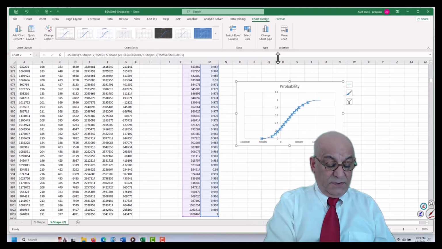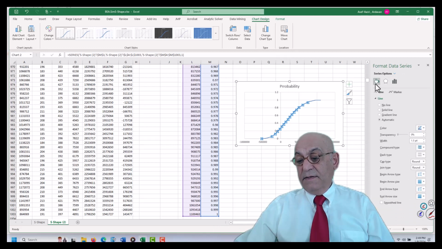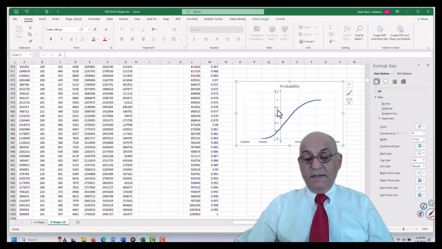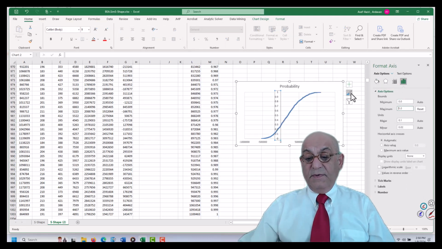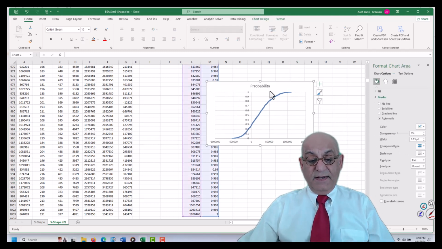And I can press Control 1, make it a little thicker, for example, like this. I can format this axis up to 1 because I don't go more than 1. This is a graph. Now I have it here.